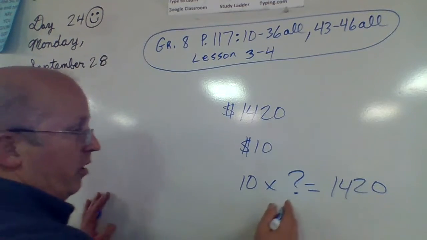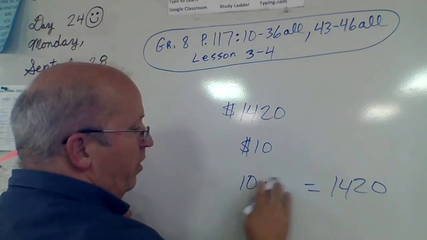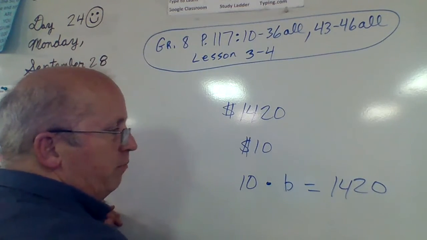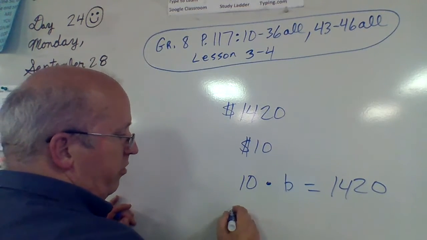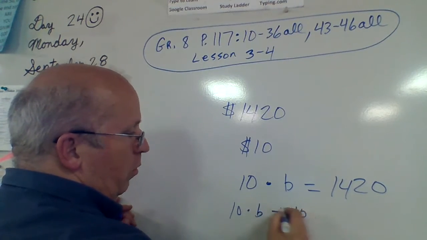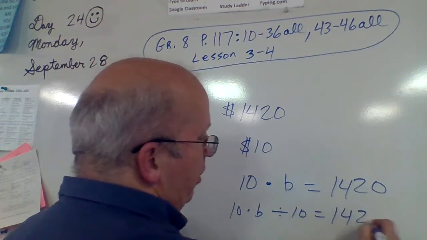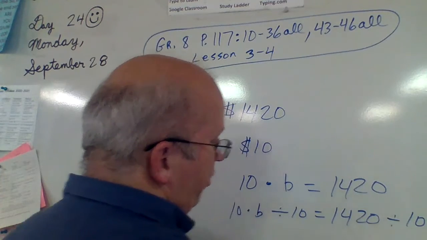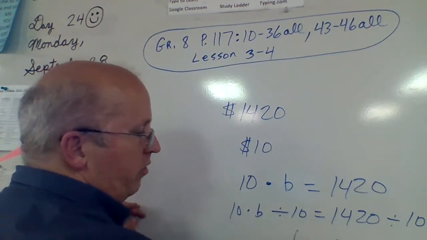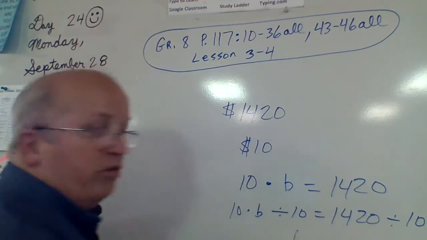So, how am I going to solve this? Well, let's put a variable in the spot of the question mark. We'll call it B as in boy. And let's say to ourselves, okay, what's the opposite of multiplying by 10? We're going to divide by 10, and we're going to do it to both sides of the equation. We get a B value, in this particular case, equaling 142.